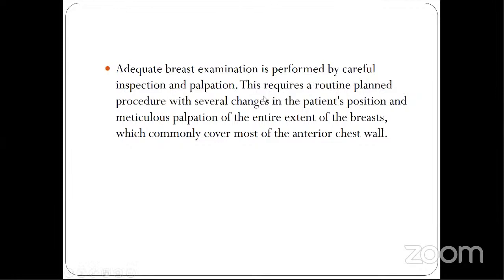Clinical examination of the breast includes inspection and palpation, and during examination we will change the position of the patient. So the table must be free on both sides because the position will be changed.